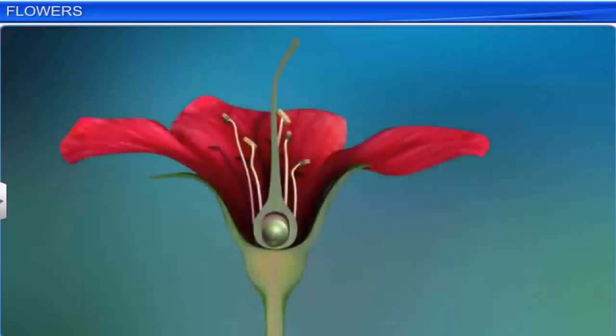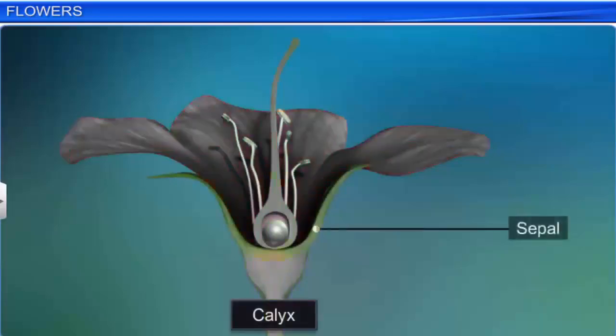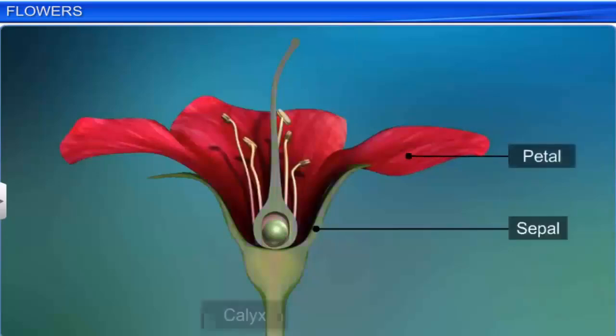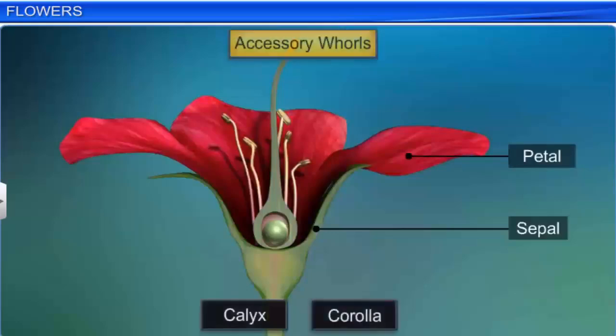The outermost whorl is the calyx, consisting of sepals. The next inner whorl is the corolla, consisting of petals. Both calyx and corolla are accessory whorls or non-essential whorls of a flower.